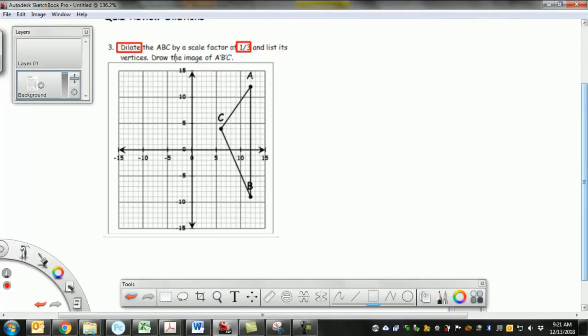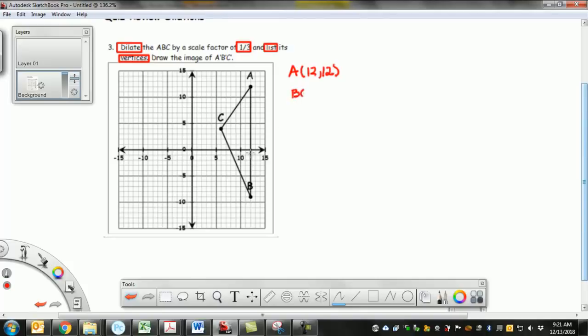Okay, for the next problem, we're going to dilate the original ABC by a scale factor of 1/3. And then we want to list the vertices and then finally draw our image. Let's first start by listing our original ordered pairs. A is (12, 12).